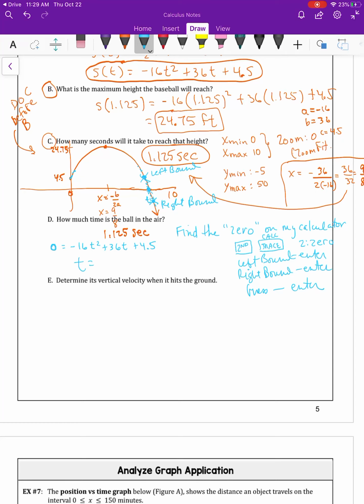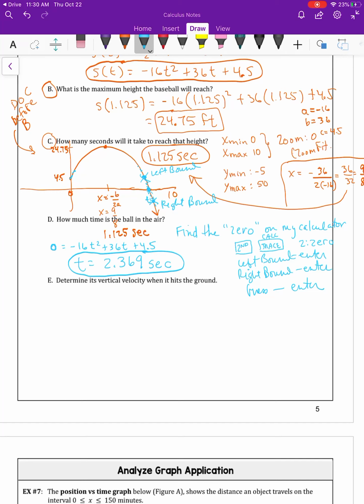Okay, and it should give you a t value of 2.36, and I would round that 8 to a 9 because it had a 7 after it. And I typically ask you to go 3 places behind the decimal point unless it was otherwise given to you. So the ball hit the ground in 2.369 seconds. Okay, so it was only up for 2.369 seconds.